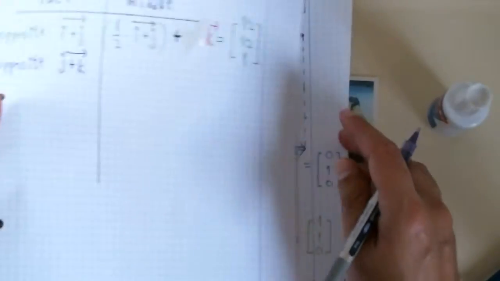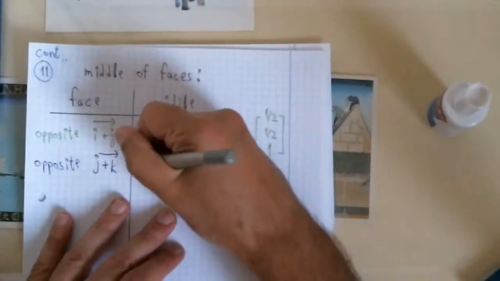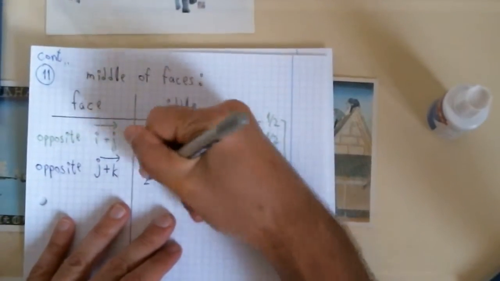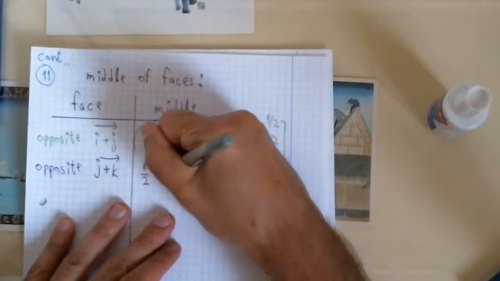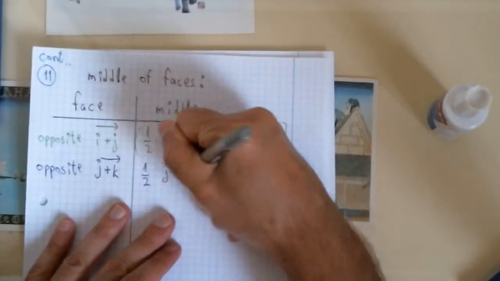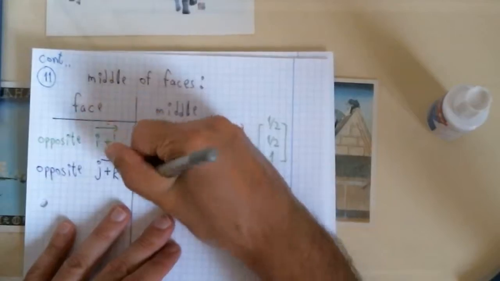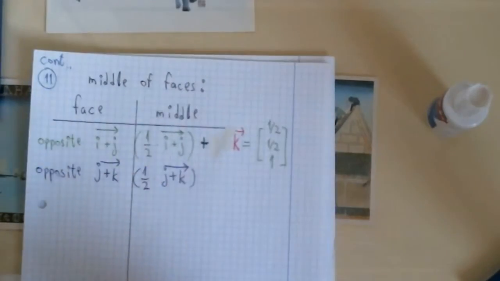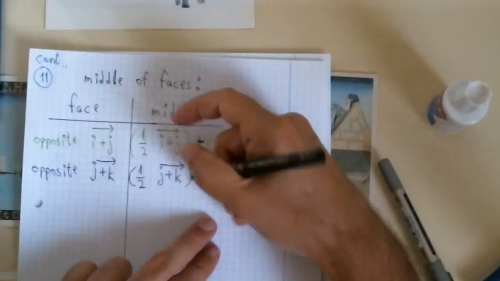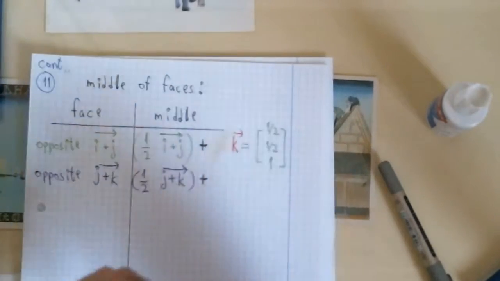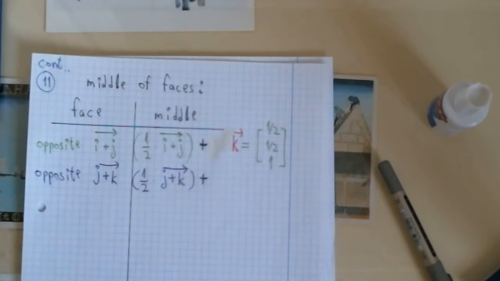So we take this half of j plus k and we add the whole i.